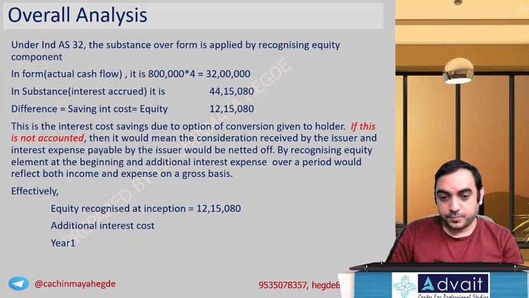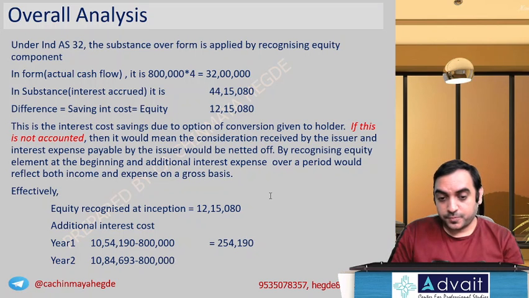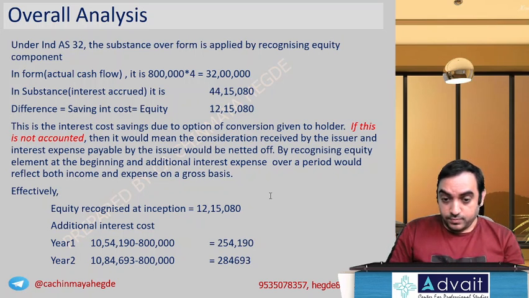Year 1: how much did you pay? The amount in the first year is 10 lakh 54,190, minus 8 lakh, that is 2 lakh 54,190. Year 2: 10 lakh 84,693 minus 8 lakh, 2 lakh 84,693.